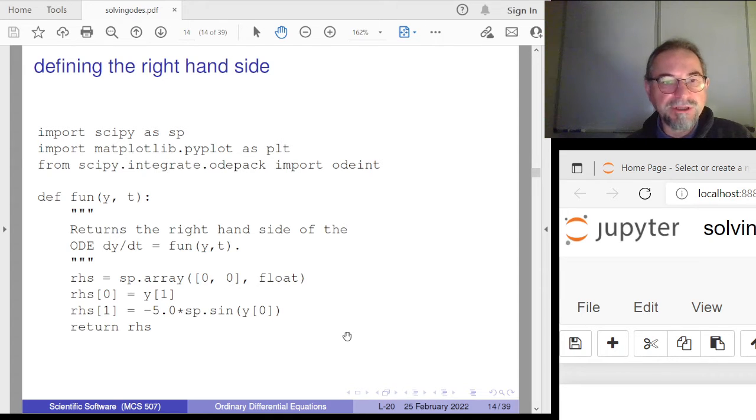So the first equation expresses that the derivative of the first variable, here the angle, the derivative of the angle is the velocity. So the angle comes first, and then comes the velocity. So this is a two variable problem. So y1 is the velocity.